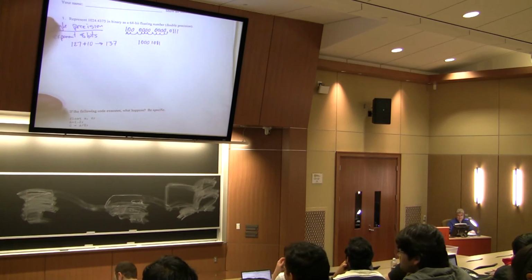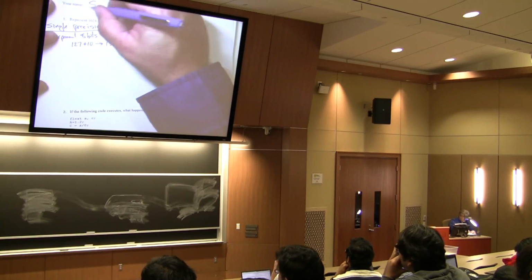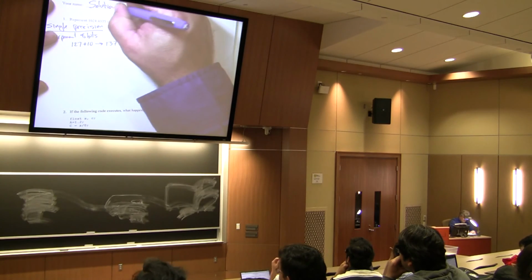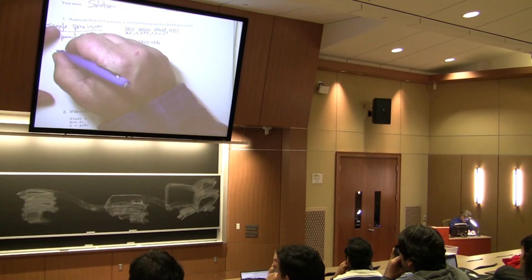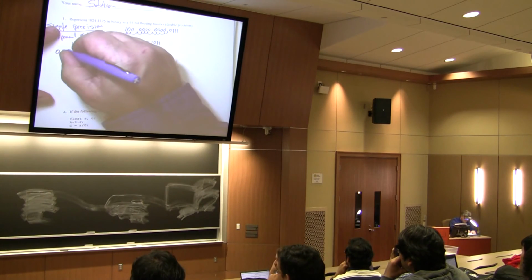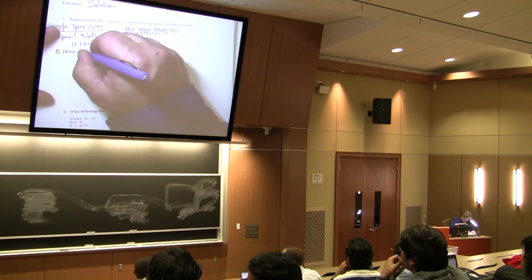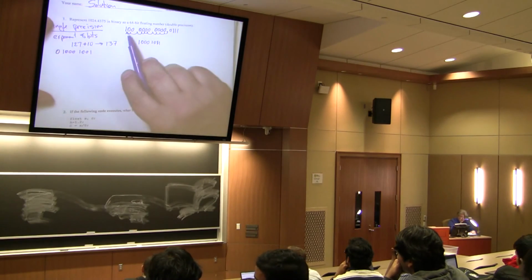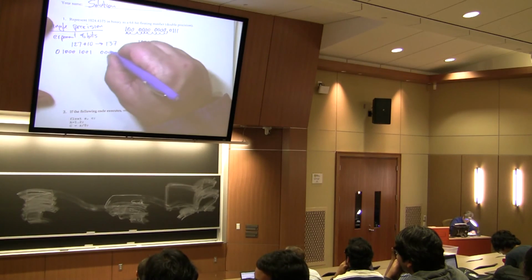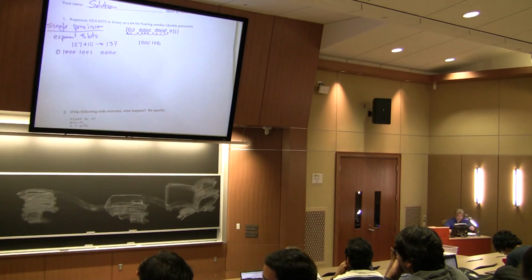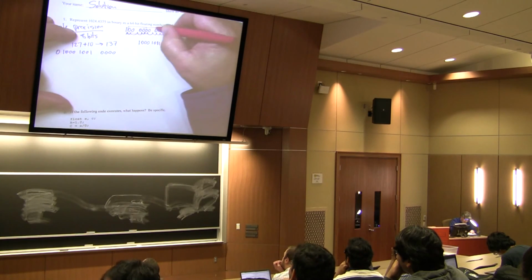Correct? The sign is positive. So for single precision, my sign is 0. My exponent is 1000 1001. And then I'm going to group these by 4: 1, 2, 3, 4.